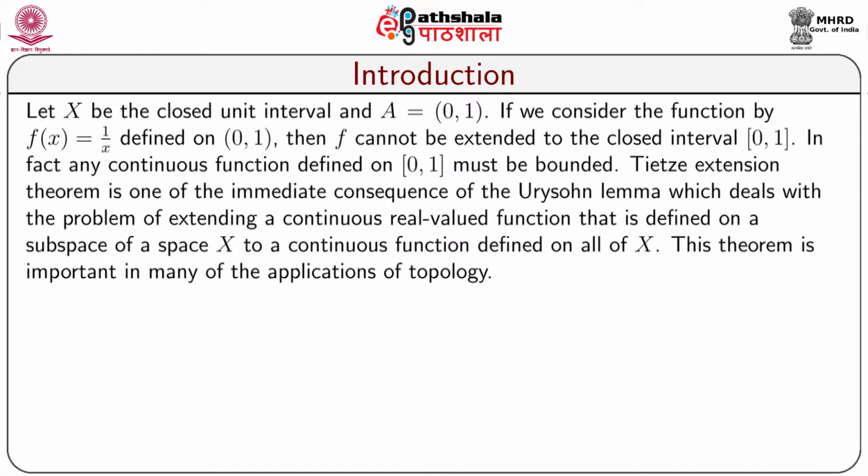Tietze's extension theorem says that if X is a normal space and K is a closed subset of X, then any continuous function from the closed set to R can be extended to the whole space. This holds for normal spaces.